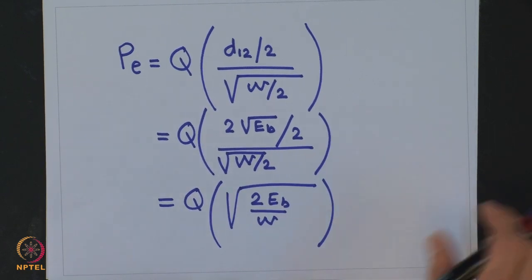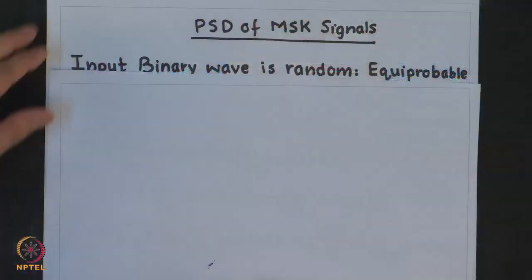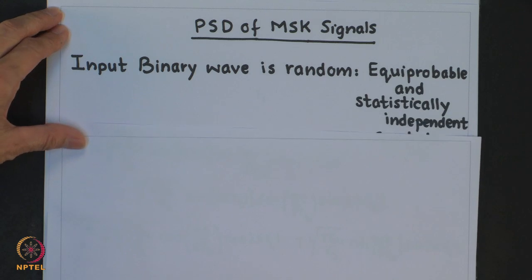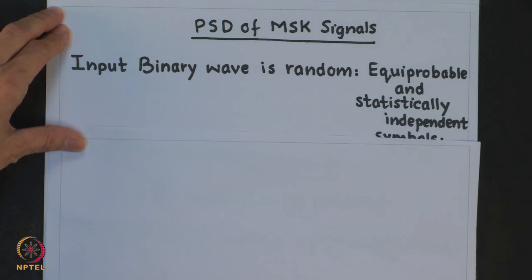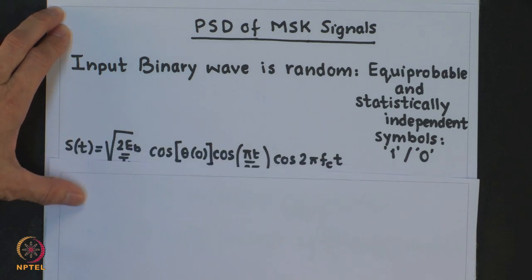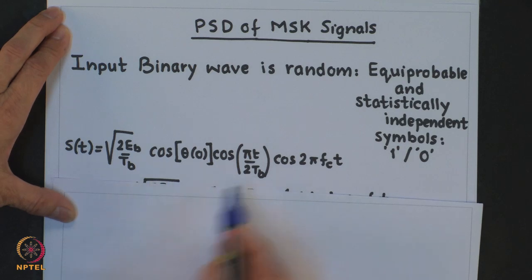Let us look at the bandwidth requirement for the MSK signal, and that would be obtained by finding the power spectral density of the MSK signal. Now, remember that the input binary wave is random. What we mean is equiprobable and statistically independent symbols 1 and 0. Our MSK wave is given by this expression.